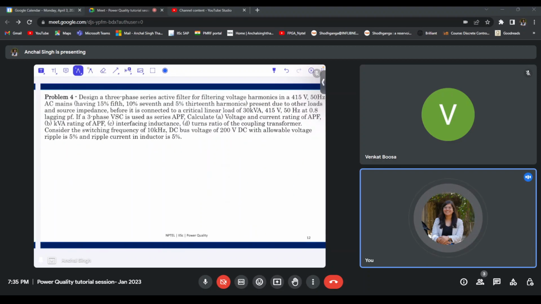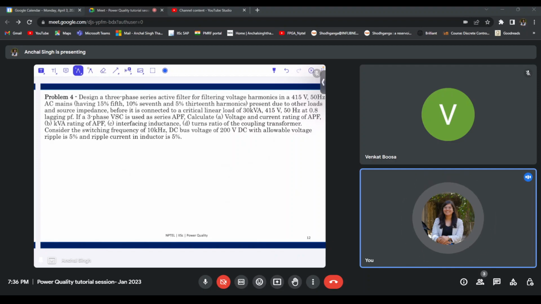So let us move on to the next problem. In this problem, we have been asked to design a three-phase series active filter for filtering voltage harmonics in a 415 volt 50 Hz AC mains, which is having 15% fifth harmonic, 10% seventh harmonic, and 5% 13th harmonic.